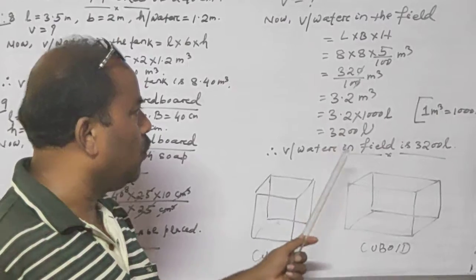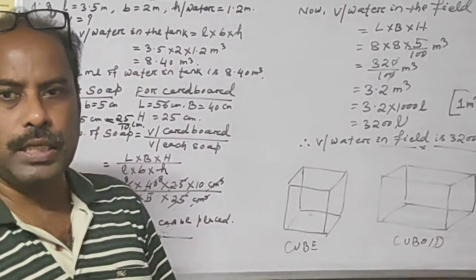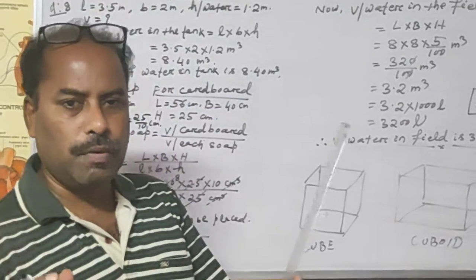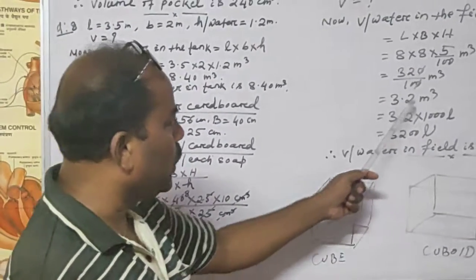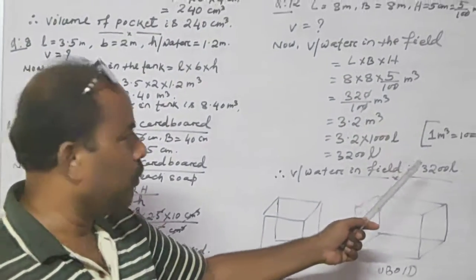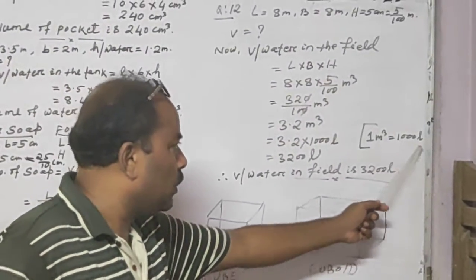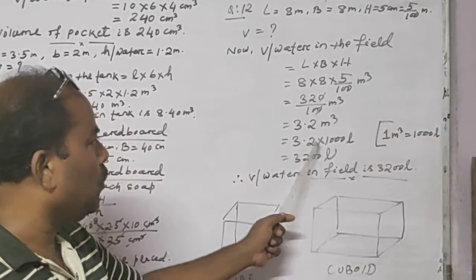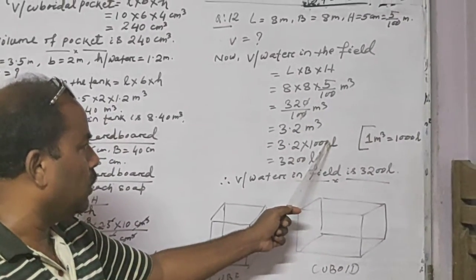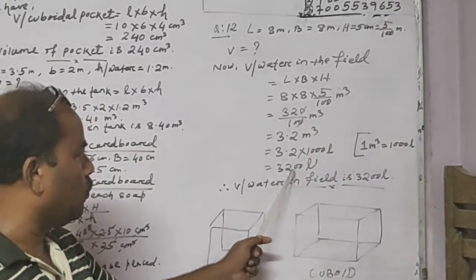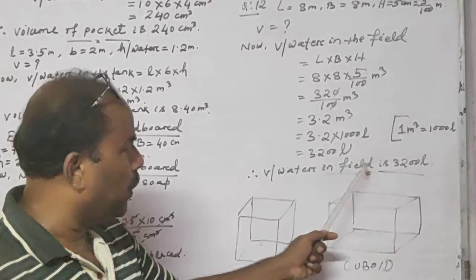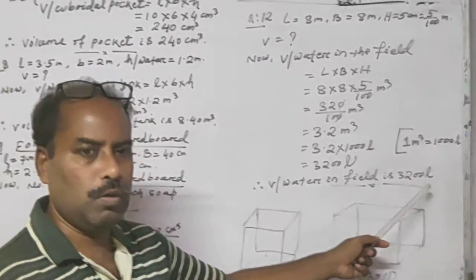But the question asks to find the volume of water in liter. Meter cube can be converted into liter by multiplying by 1000, because 1 meter cube is equal to 1000 liter. So 3.2 into 1000 liter, the point is removed, and we get 3200 liter. Therefore the volume of water in the field is 3200 liter.